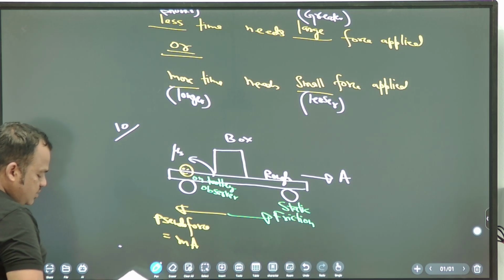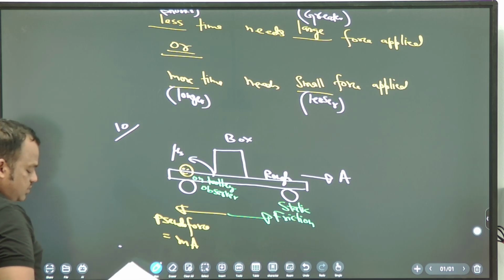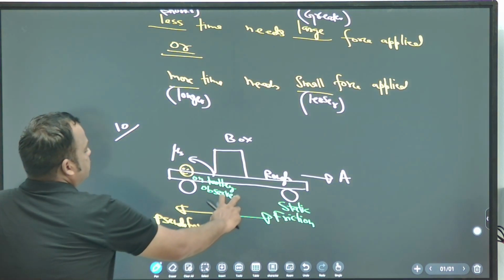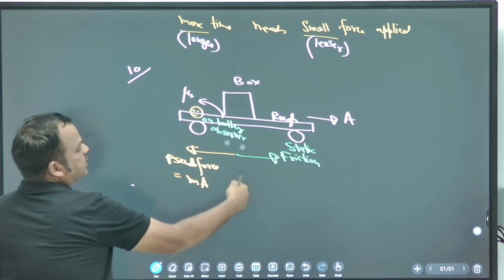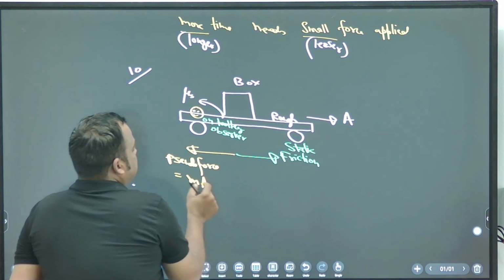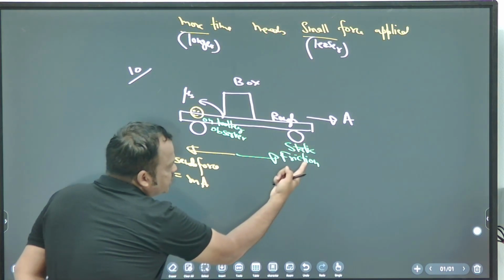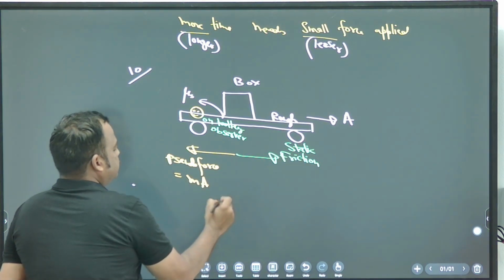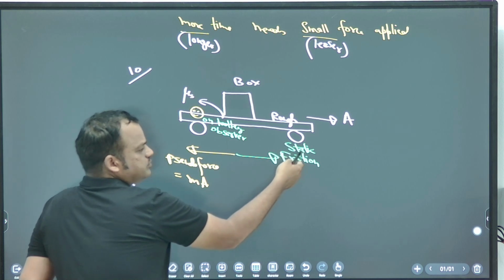Maximum acceleration so that the box does not slide. So you can check here. If more acceleration means more friction, but friction has a limit.